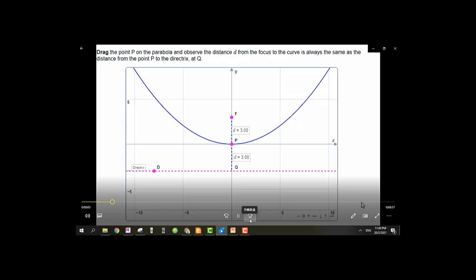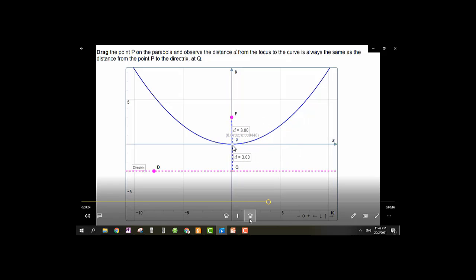We try to drag the point on the parabola and observe the distance d from the focus to the curve. So what did you notice from the movement? You will find that no matter how we move the point P, the distance from the point F and point Q is always equal.